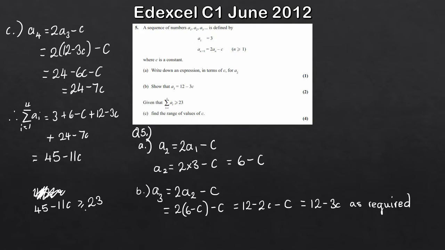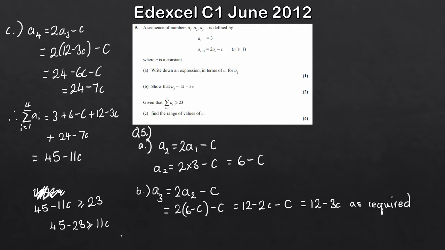So in that case, we're just solving this linear inequality here now. Okay, I want to make this 11C positive, and I'm going to subtract 23 off both sides. So what I get then here is 45 minus 23 is greater than or equal to 11C. Okay, well, this will be 22, so we know 22 is greater than or equal to 11C.